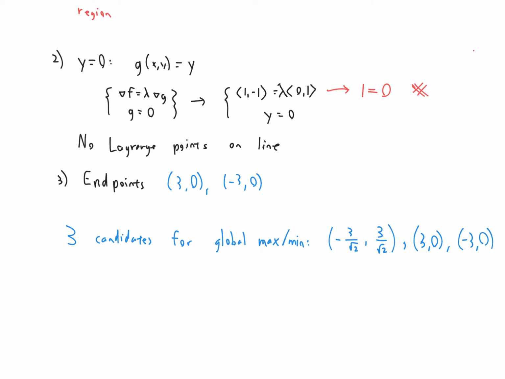To check which is the global max and which is the global min, it's just a matter of plugging them all into the function f and seeing which one has the greatest value, that must be the global max, and which one has the least value, that must be the global min. So I'll do that for each of the 3 points.